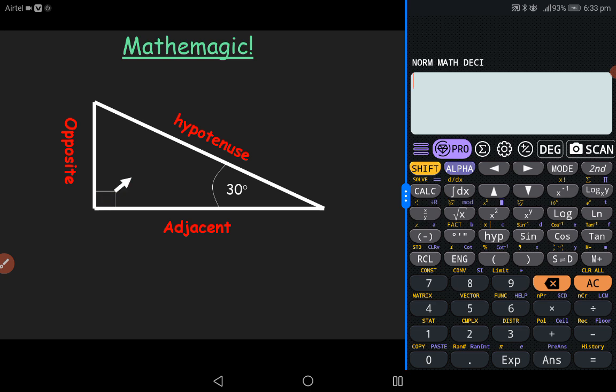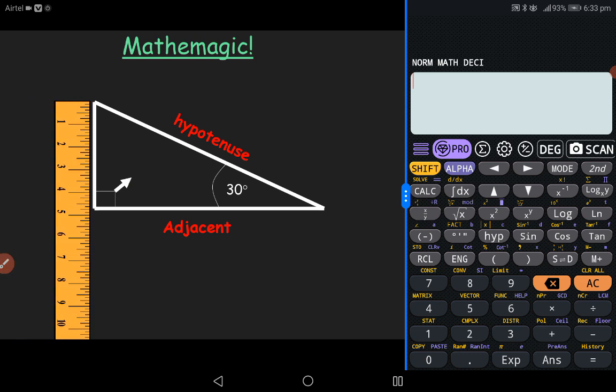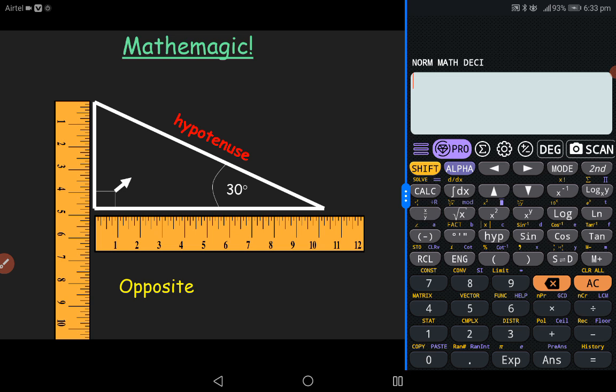If you measure the length of the opposite side, remember, this is the opposite side with respect to the angle here, it's facing directly there, and you also measure the adjacent side, the side on which the given 30-degree angle is leaning.